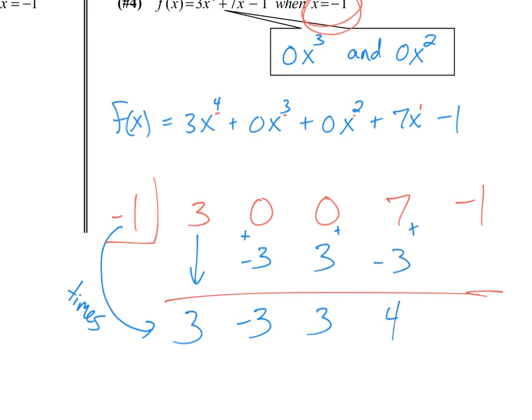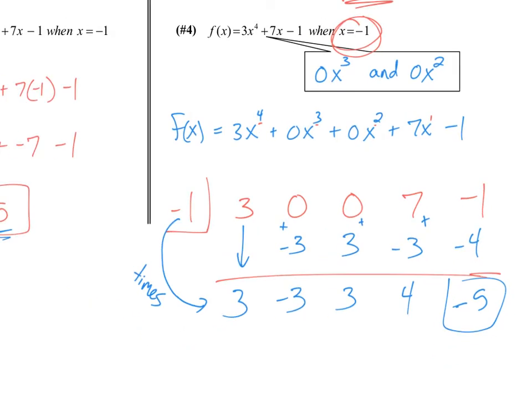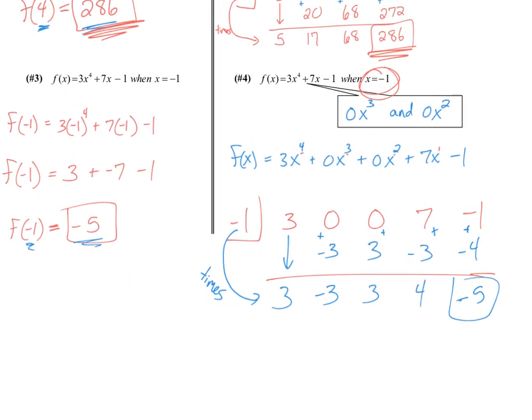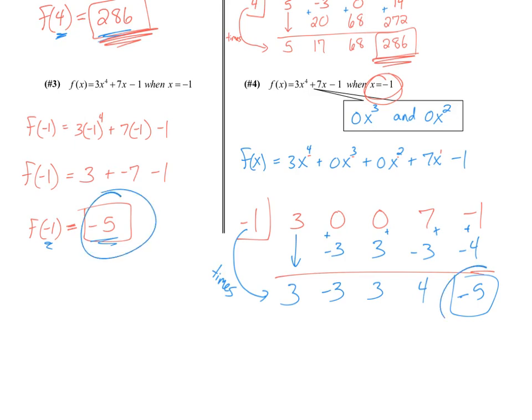You add and you get 4. And -1 times 4 is -4. When you add them, you get -5. So we got the same number doing both types of substitution. Synthetic is new and different, but we do need to know it later on. So that's what we got for today.